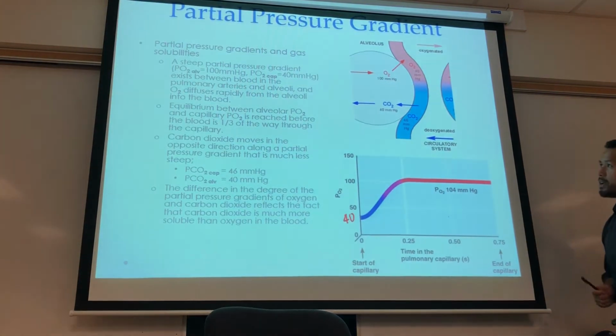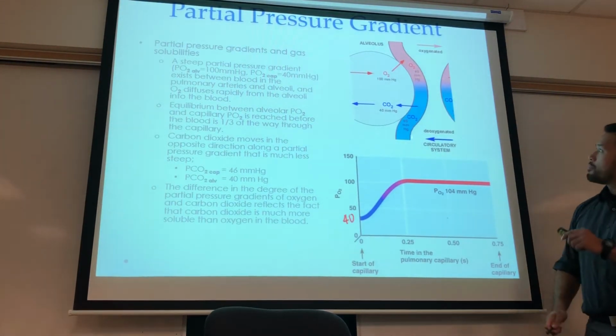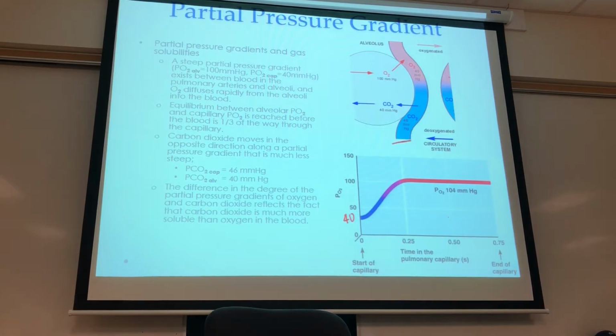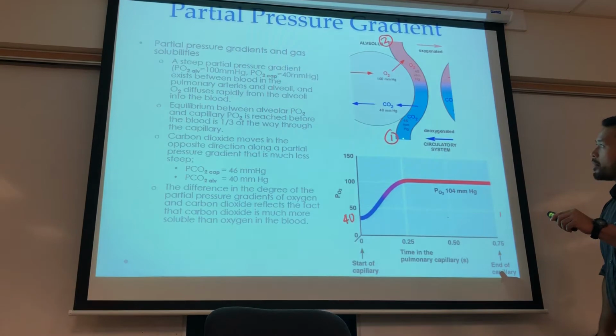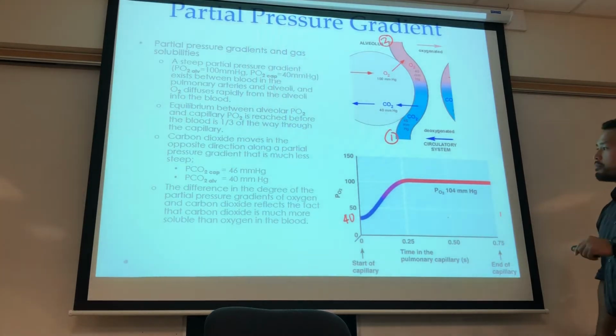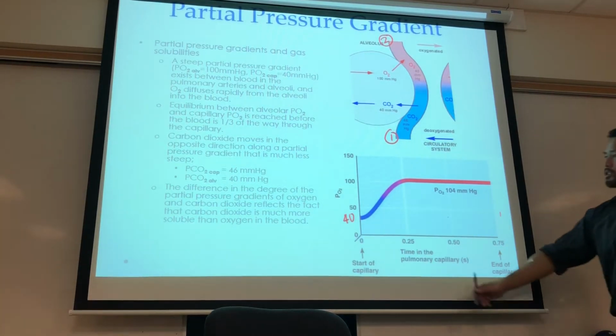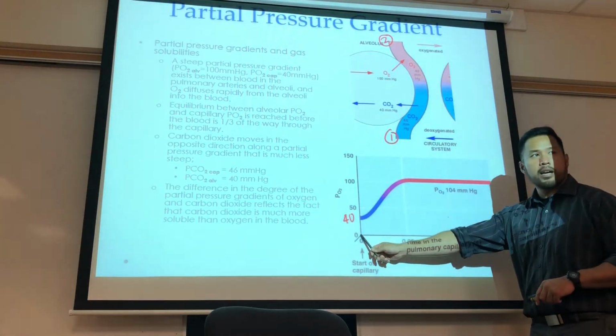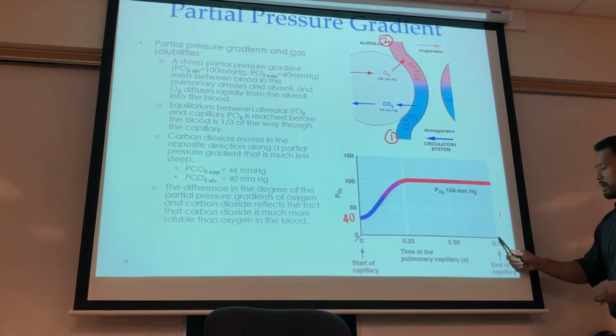And how long does that take? From this point to this point is going to be the travel time for a red blood cell to make its way from the arterial side of the capillary bed to the venous side of the capillary bed. Here you're going to see the start, again, the arterial side to the venous side.